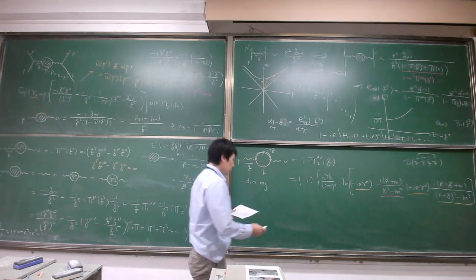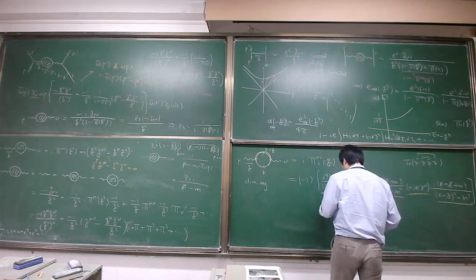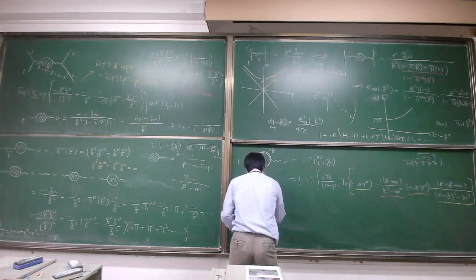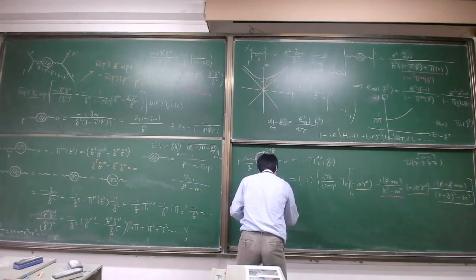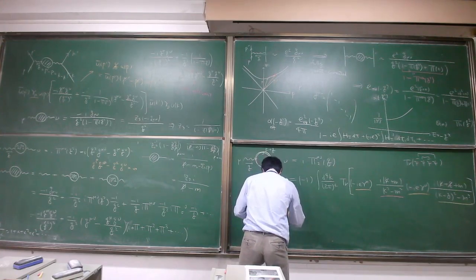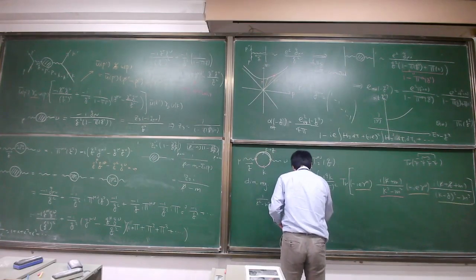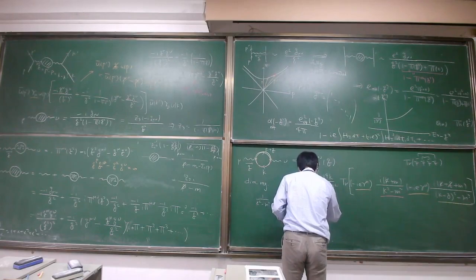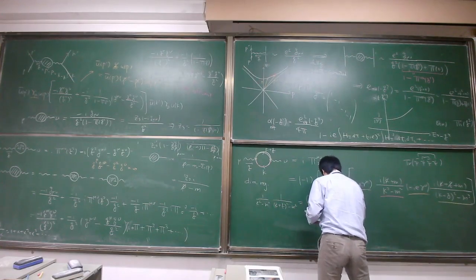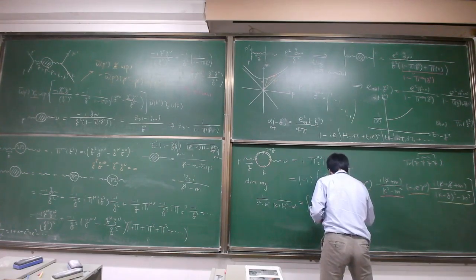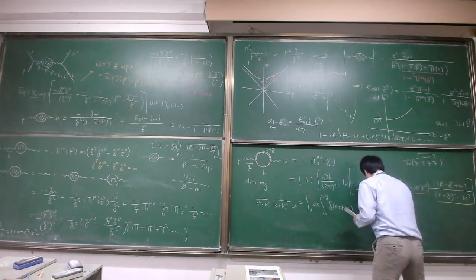But before going to dim reg, we will again use the Feynman parameter to do the computation. So again, we apply the Feynman parameter. You have to get used to it when you do quantum field theory.